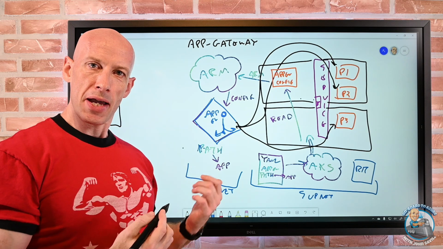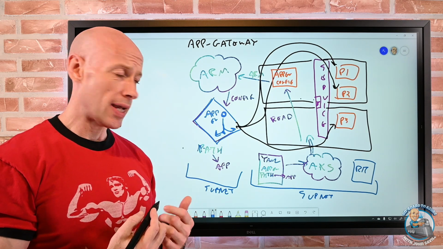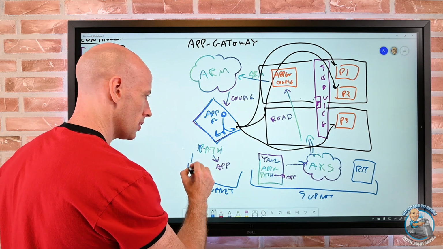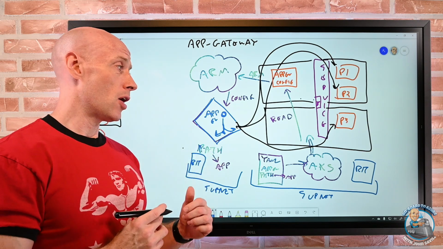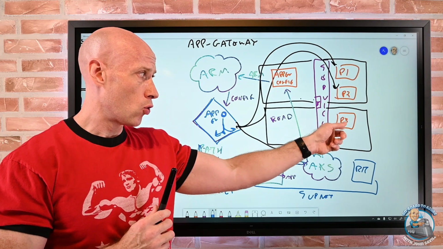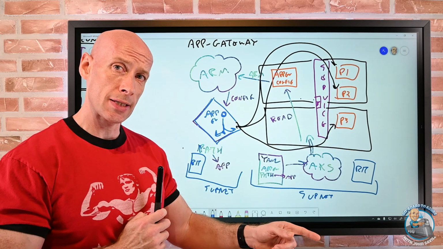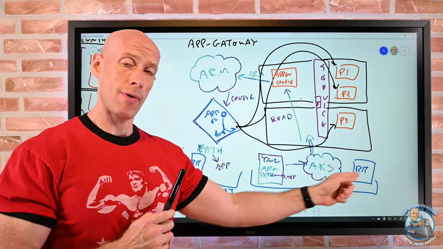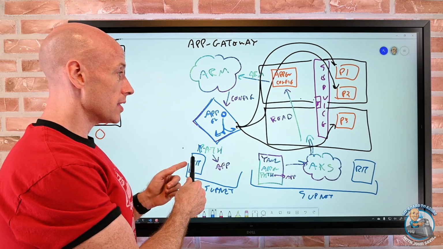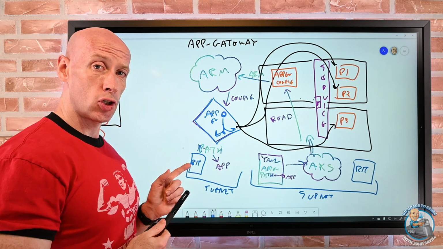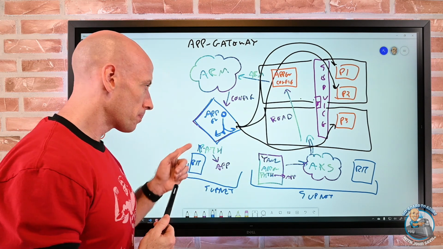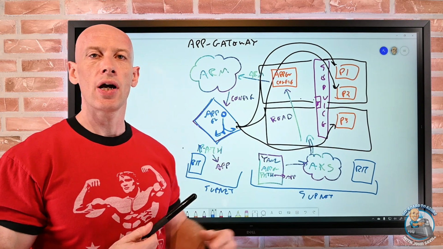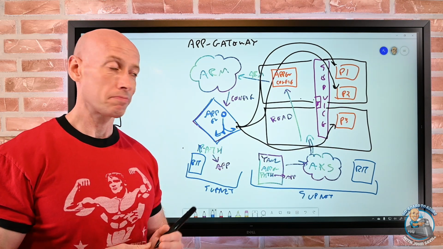So the way you make App Gateway work with KubeNet, that route table, you give to its subnet as well. So now App Gateway knows, hey, to get to this internal pod CIDR IP address, oh, I've got a copy of your route table. Oh, I know to get to pod 3's KubeNet CIDR IP, I have to send it to IP2 of the worker, and then it will go and send it through.